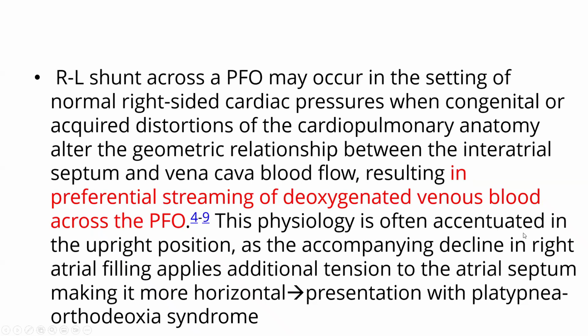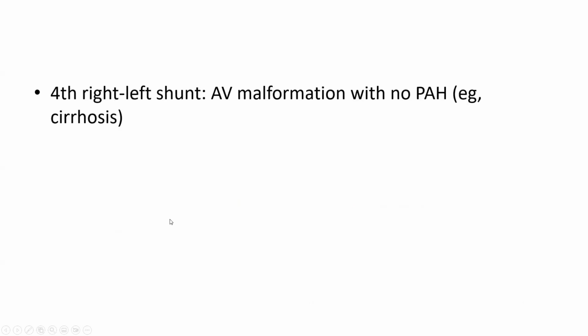This physiology is often accentuated in the upright position, as the accompanying decline in right atrial filling pressures causes additional tension on the interatrial septum, making it more horizontal. So standing up may pull down that interatrial septum and create more streaming, which causes that platypnea orthodeoxia syndrome.